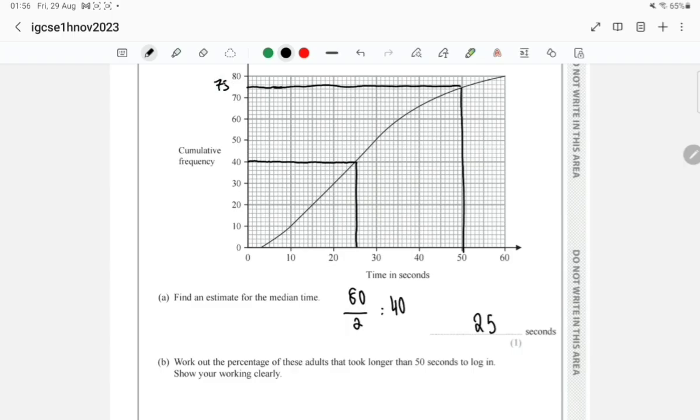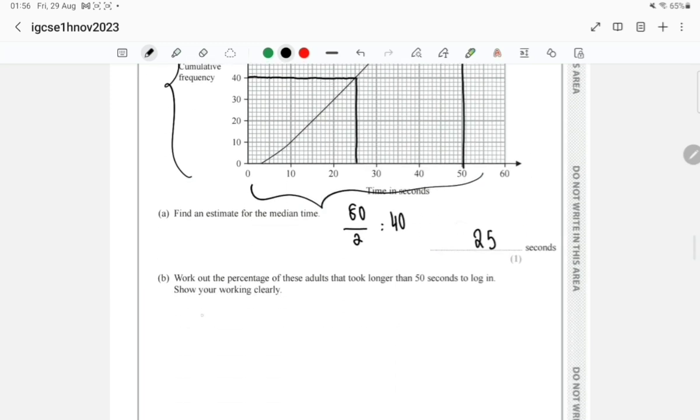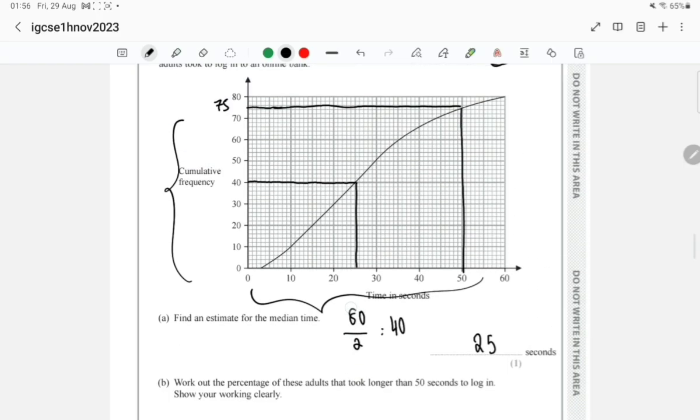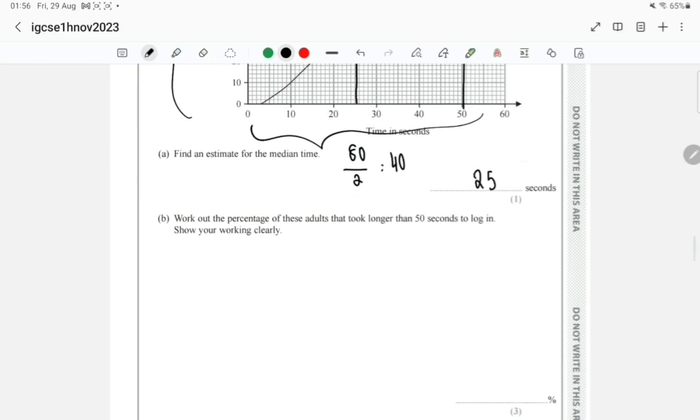Okay, so this is 75. So that means 75 people took less than 50 seconds. Okay, so 75 people from here took less than 50 seconds to log in. And the total was 80. So from that we can see that 5 people took longer than 50 seconds.